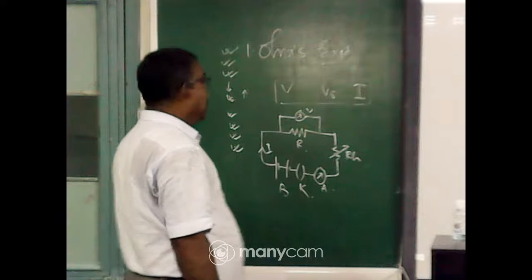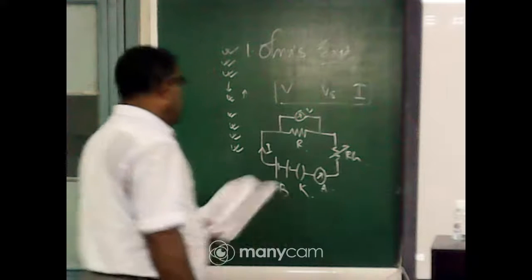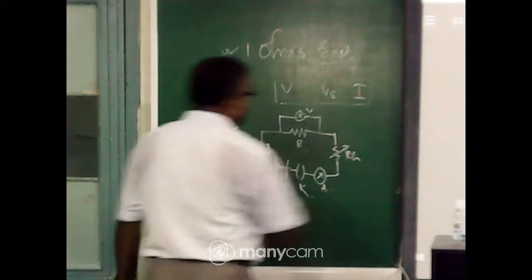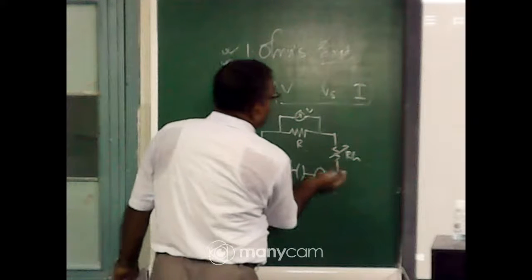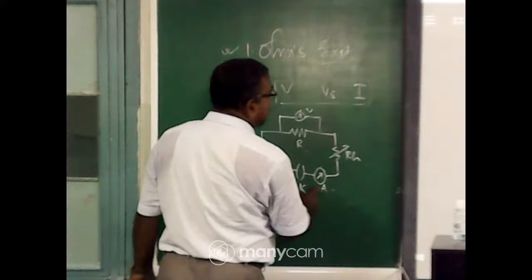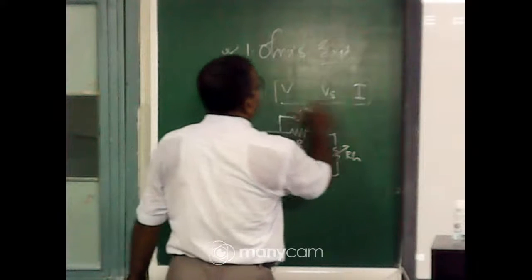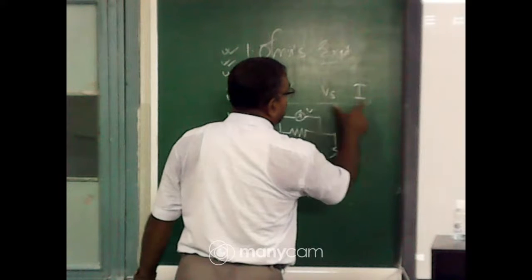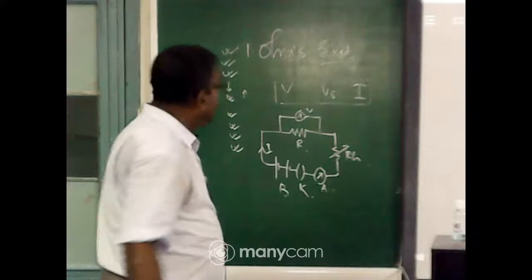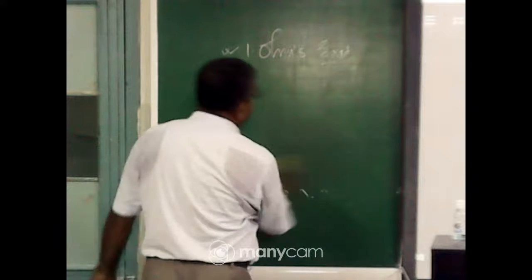From these instruments you can find V and I. You control the current with the help of the rheostat. So current versus potential, you note it, and then you plot it on graph paper.